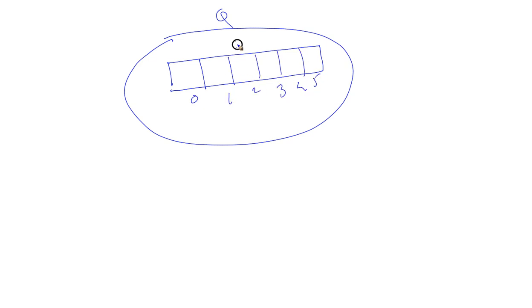So let's say this is our queue: 0, 1, 2, 3, 4, and 5. This is the data array. This is F, and this is R. As we know, this is a priority queue, so the element with the highest priority will be standing at the front.